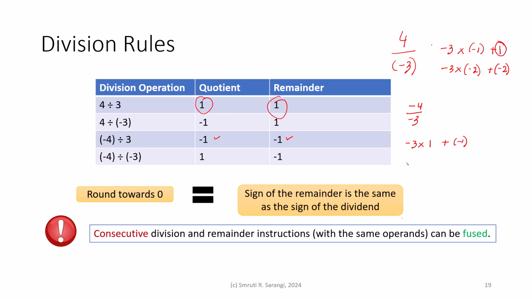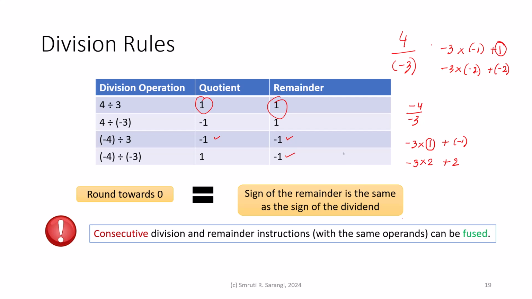And the other choice is minus 3 into plus 2, so we'll make it minus 6 plus 2, which is minus 4. So it's minus 3 minus 1, which is minus 4, or minus 6 plus 2, which is minus 4. Again, we take the quotient towards 0, so that will be plus 1, and then the remainder in this case will become minus 1.